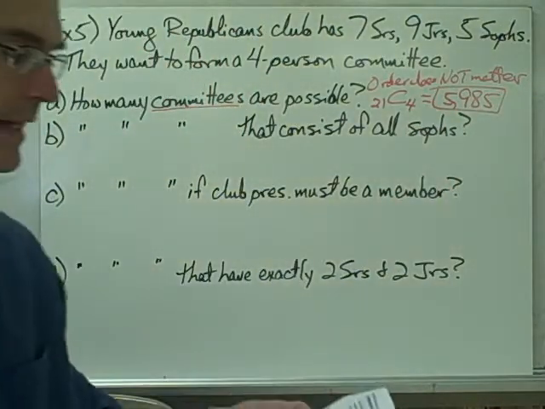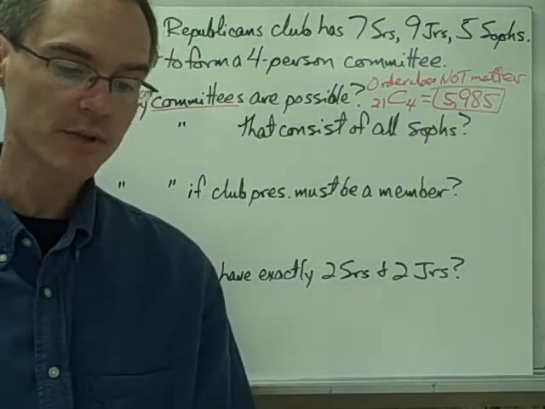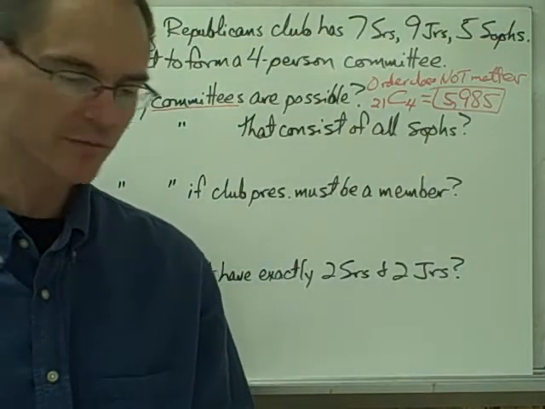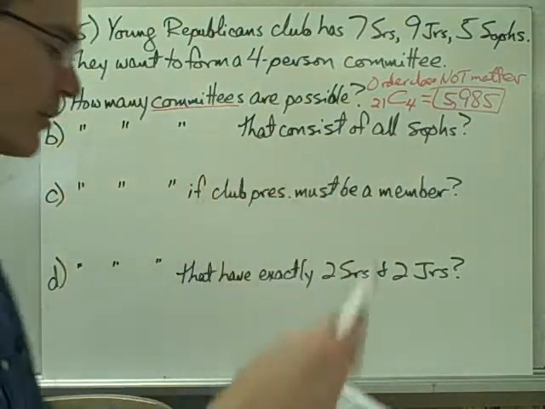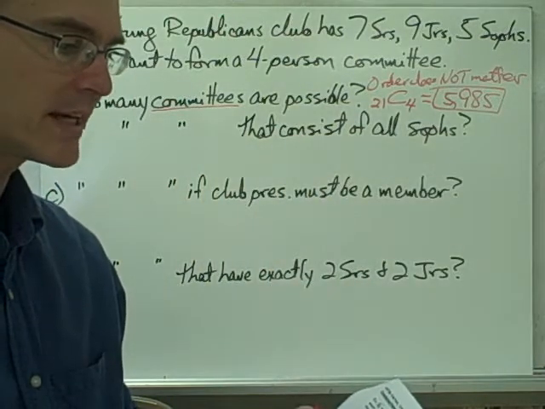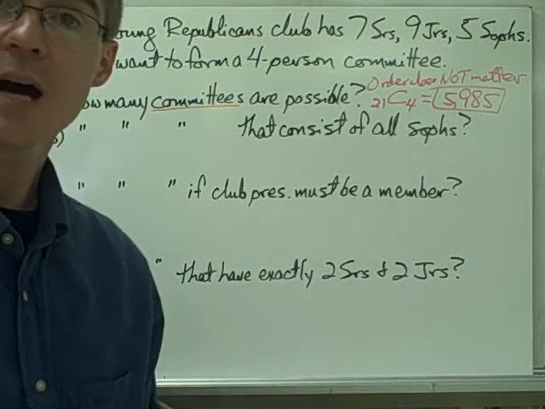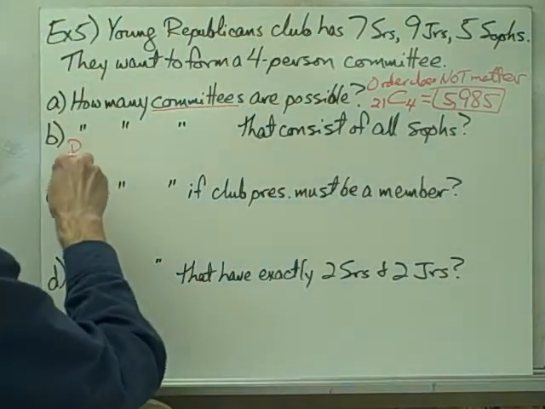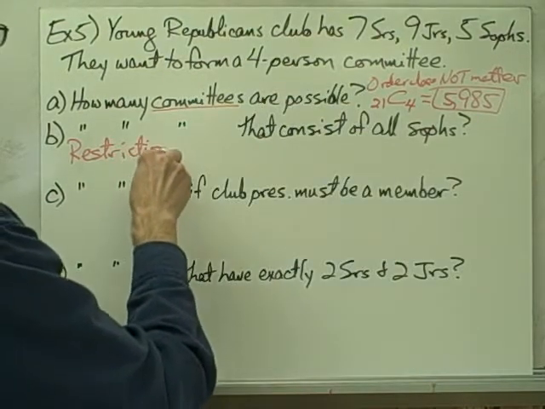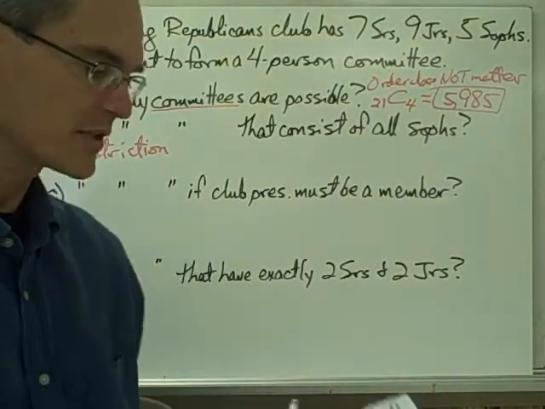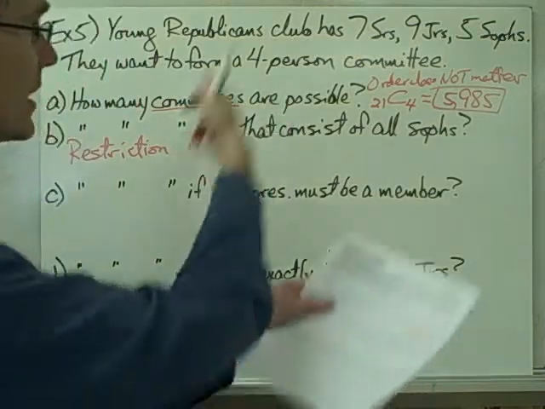All right, part B. How many committees are possible that consist of all sophomores? So here I notice that now not only am I asked to form a committee, which I know is going to involve a combination, but I'm also told that there are going to be some restrictions on my committee. Specifically, I'm not just going to form a committee from everybody.